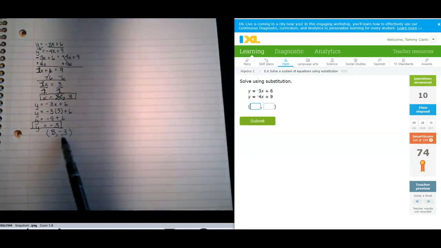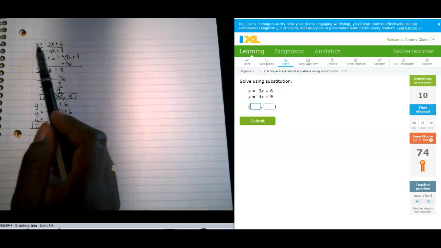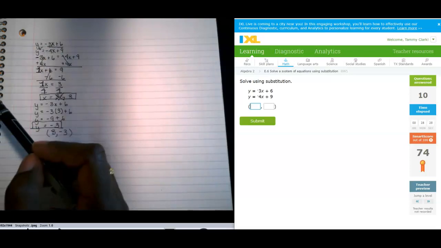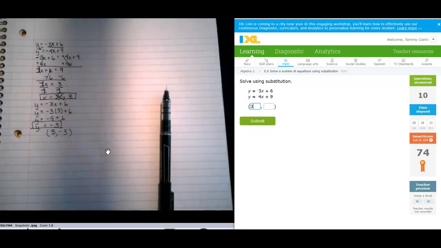So if I had put in negative 3 for y here, but put in 3/7 right here, they wouldn't have equaled each other. That's not good. Anyway, glad we found our mistake. 3 and negative 3.